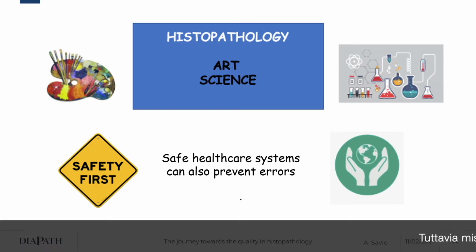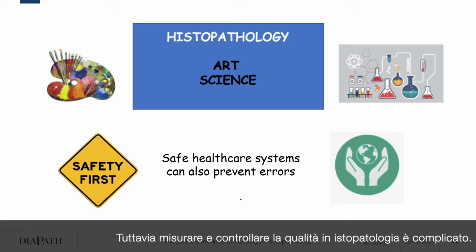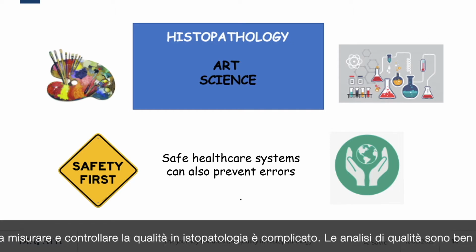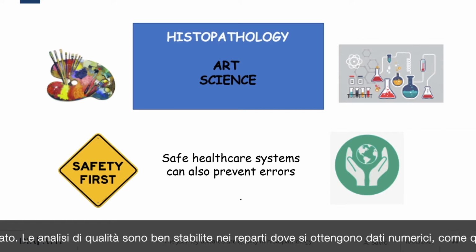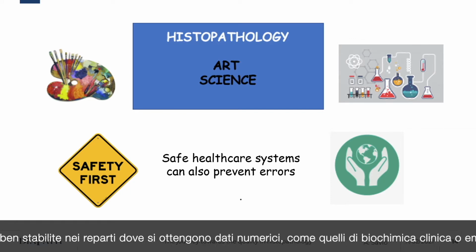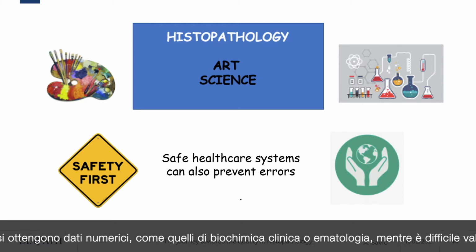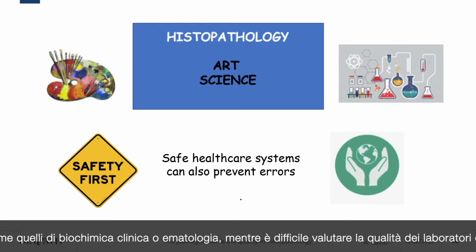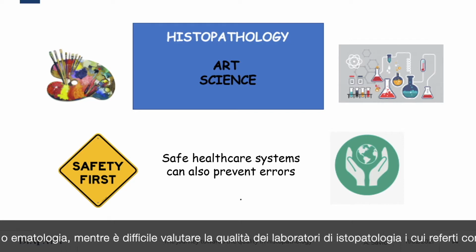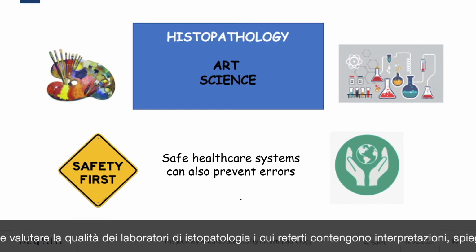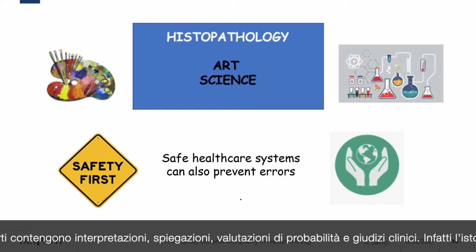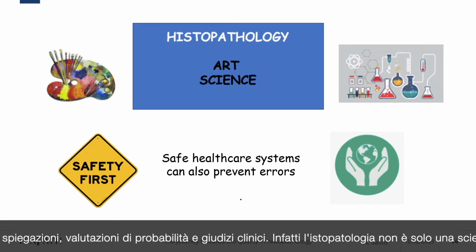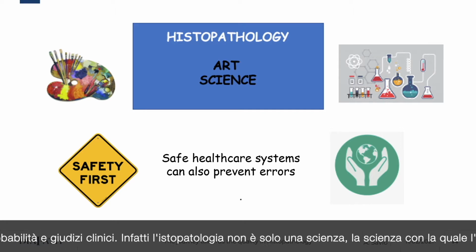However, measuring and checking the quality in histopathology is complicated. Quality analyses are well established in the departments where numerical data is obtained, like those of clinical biochemistry or hematology, while it is difficult to assess the quality of histopathology laboratories whose reports contain interpretations, explanations, evaluations of probability, and clinical judgment.